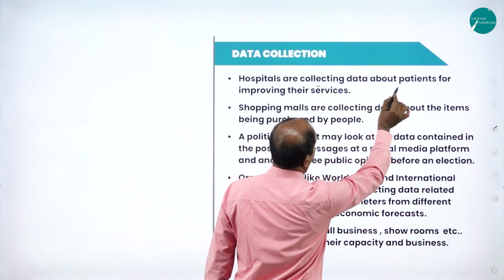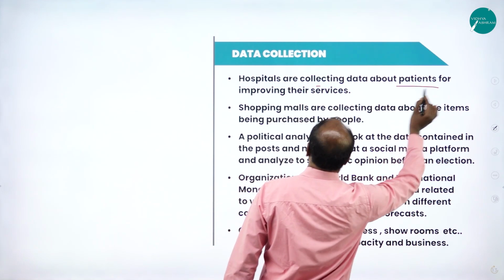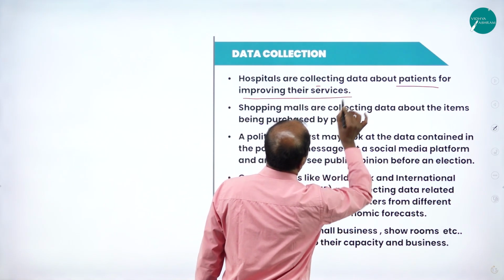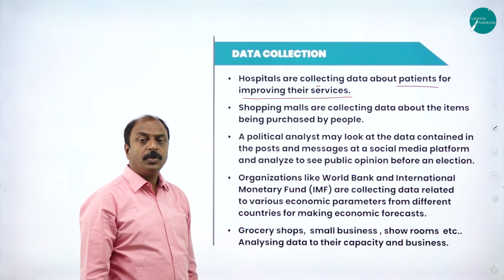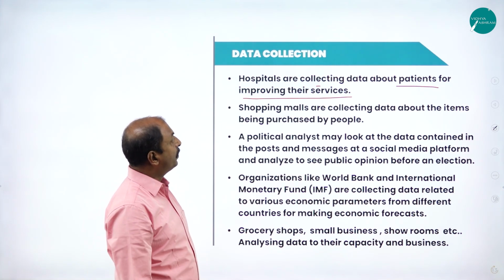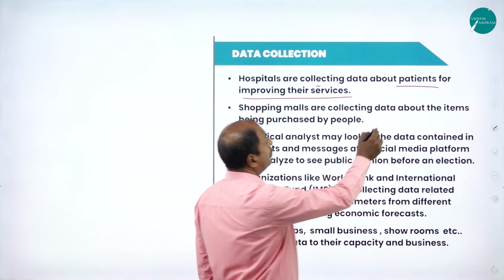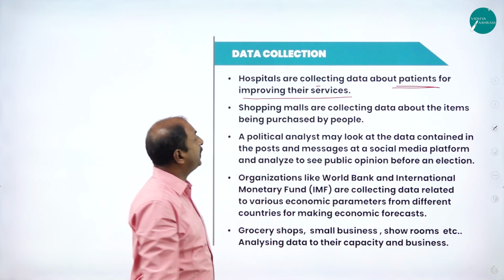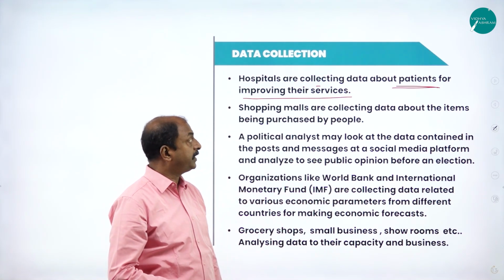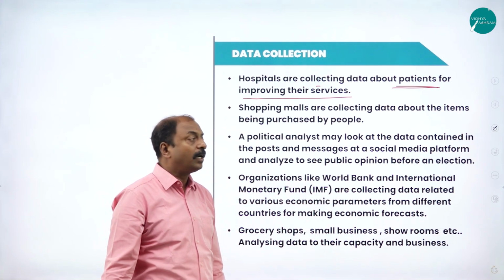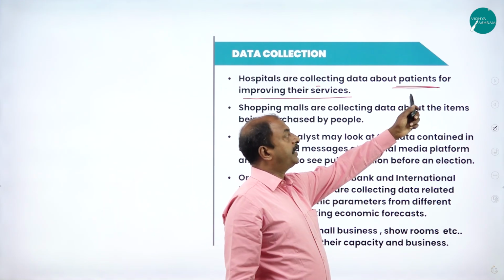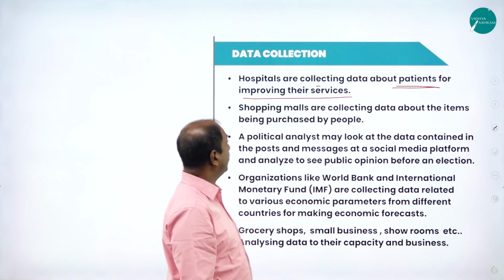Hospitals are collecting data about patients for improving their services. If you go to any hospital for various reasons, they collect information about each and every patient who visits the hospital. That is also a type of data gathering.